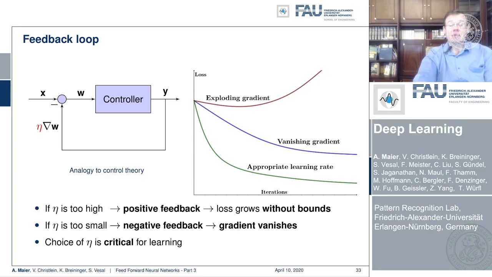So only if you choose eta appropriately, you will get a good learning rate, and the learning rate should start decreasing your loss very quickly, and over many iterations following this green curve, we should go then into some kind of convergence, and when we have no change anymore, we are essentially at the point of convergence on the training data set, and we can stop updating our weights. So we see that the choice of eta is critical for our learning, and only if you set it appropriately, you will get a good training process.